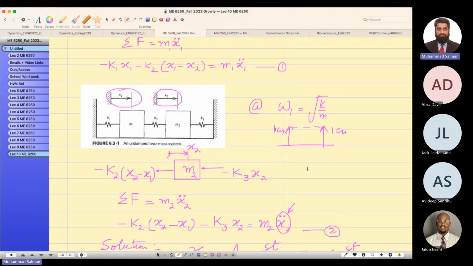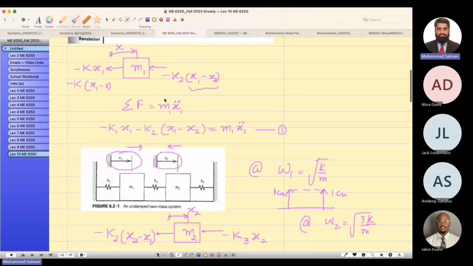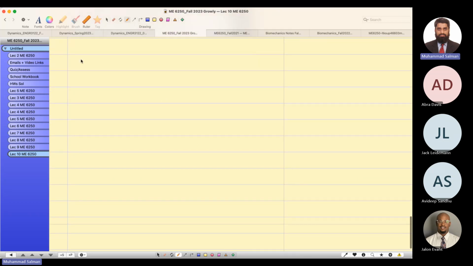And suppose at a higher frequency, which is 3k over m, you will see one mass moves to the left, the other mass moves to the right, which I cannot show you for both masses, but this is true. So how would that appear as a mode shape? Let me show you.